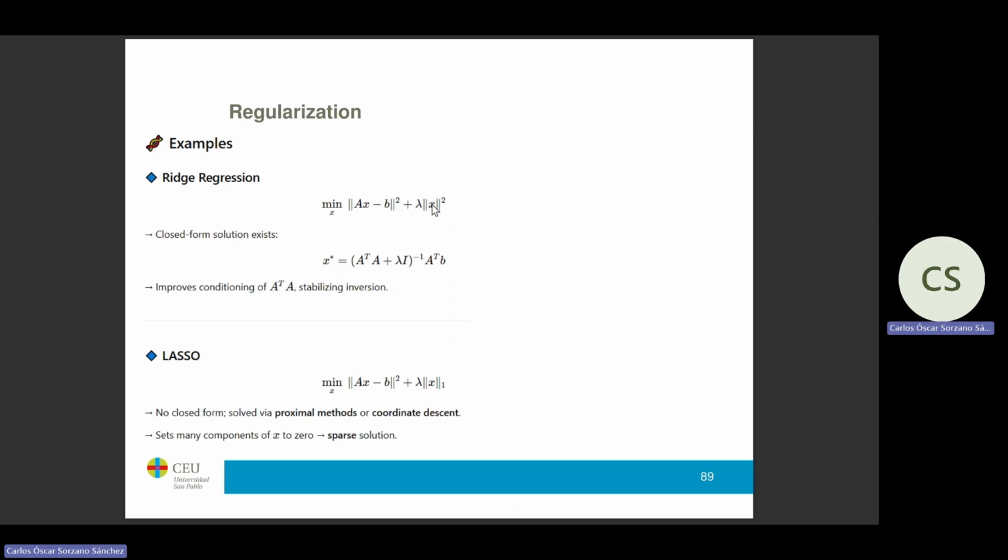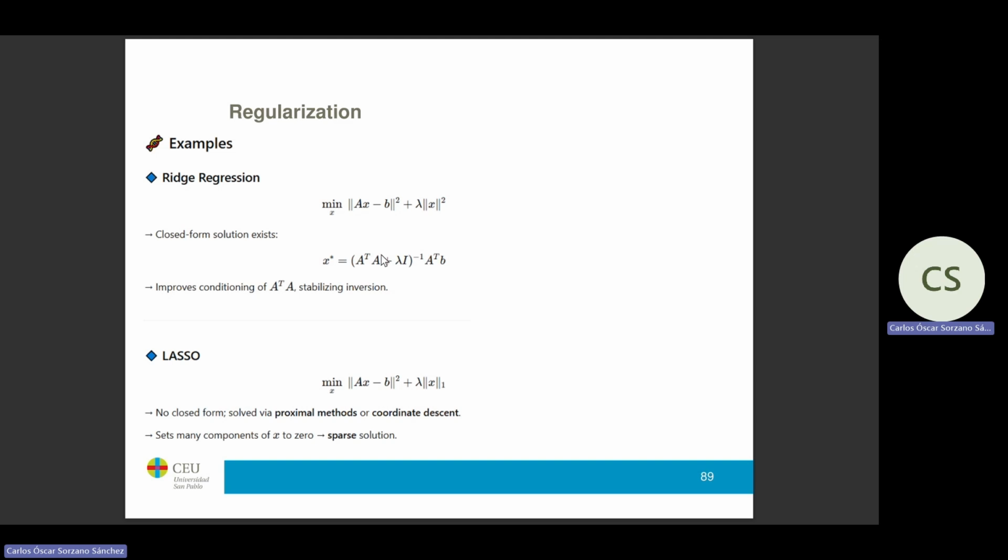So it is a restriction on the parameters of the regression. And for this particular problem, there exists a closed form solution, that is this one. It is something related to the system matrix and the regularization. You can see that the eigenvalues of these, if lambda is very large, are dominated by this term.